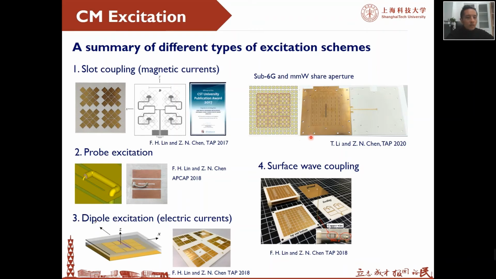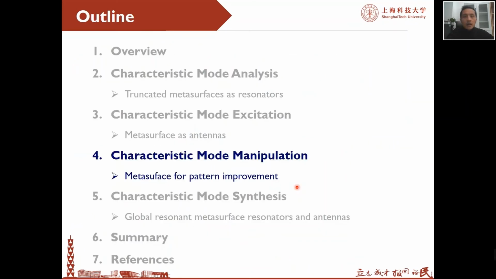There are also works where a slot array made by substrate integrated waveguide, SIW, technology excites this metasurface at high frequency, and a low frequency slot uses the rest of the aperture to excite an integrated low frequency resonance to make a shared aperture antenna, and also surface wave coupling. So we can excite them as good antennas for radiation.